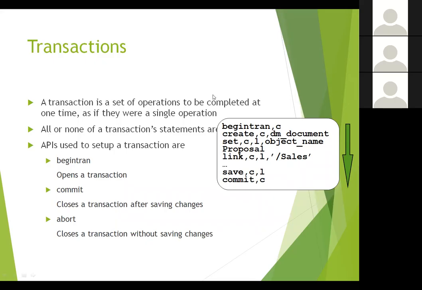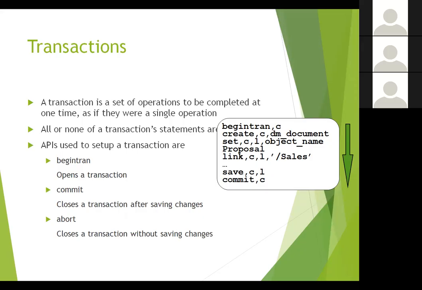One another thing is a transaction. Okay, transactions. So what is a transaction? A transaction is a set of operations to be completed at one time, at a single time. Let's say you have to perform four operations, and you want either all four operations to be completed or none.